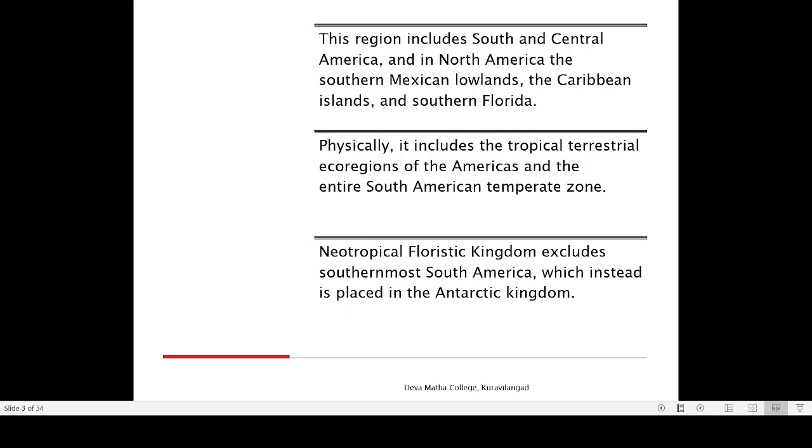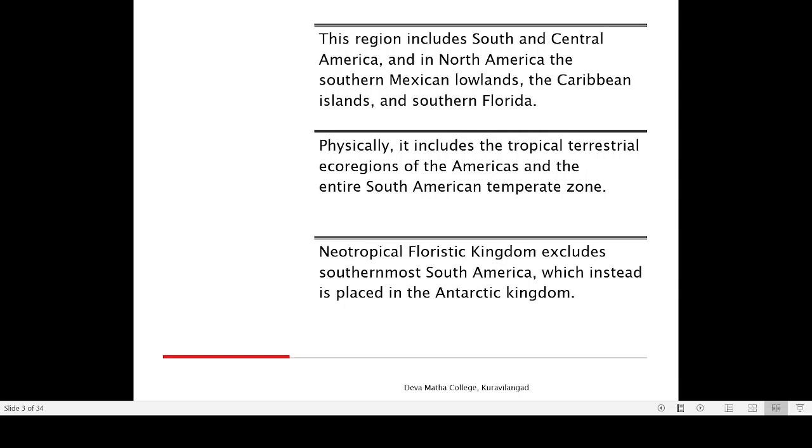Now, the Neotropical Floristic Kingdom excludes southernmost South America, which is instead placed in Antarctic Kingdom. Because just like the zoological classification, there is another classification dividing the entire world into floristic kingdoms based on the type of plants there.